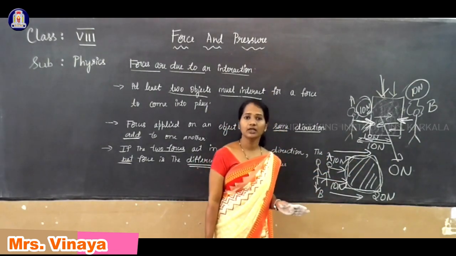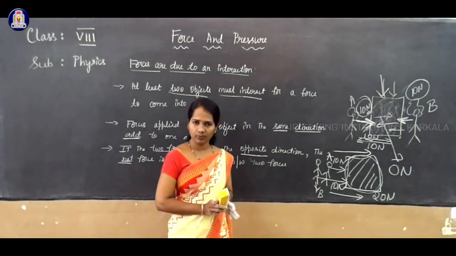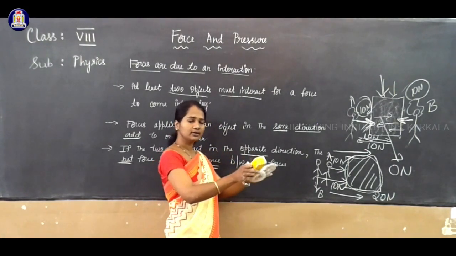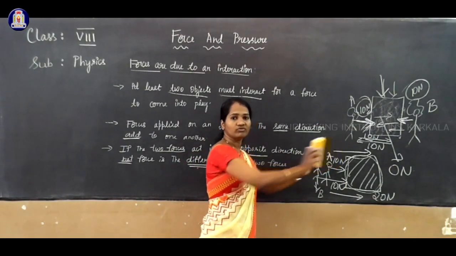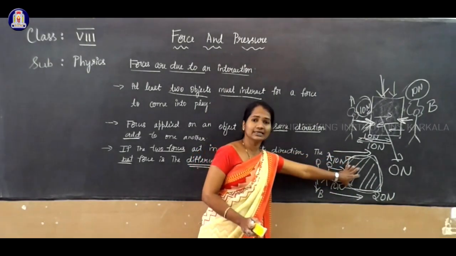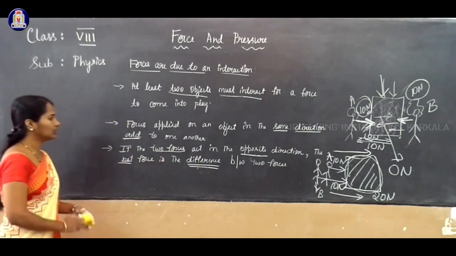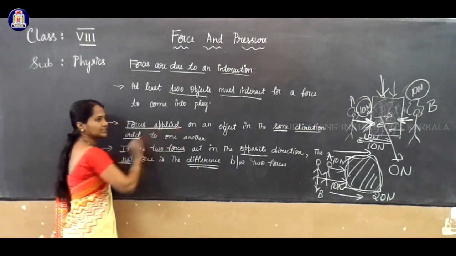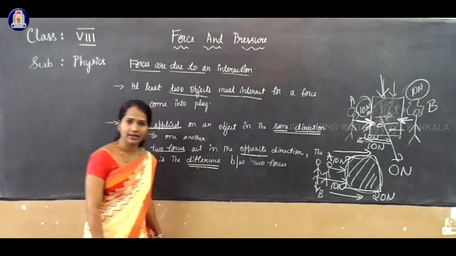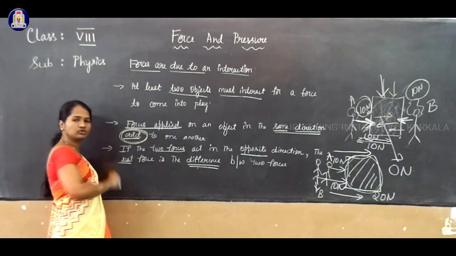For example, if you want to push a large cupboard, one person is not enough. 2-3 persons come together and try to push it, and the object moves, because of the resultant force. If two or more forces act on the object in the same direction, to find the total force, we have to add the individual forces.